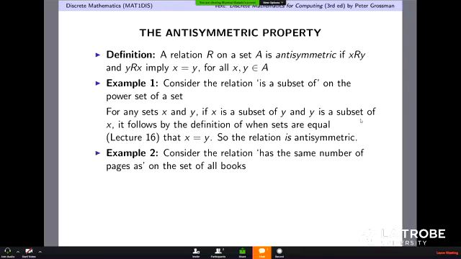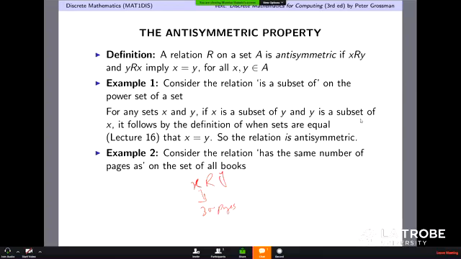Now we look at the not anti-symmetric example. Consider the relation "has the same number of pages as" on the set of all books. Now there you can see set of all books. X is a book which has, let's say, 300 pages. Y is a book which, let's say, has 300 pages.